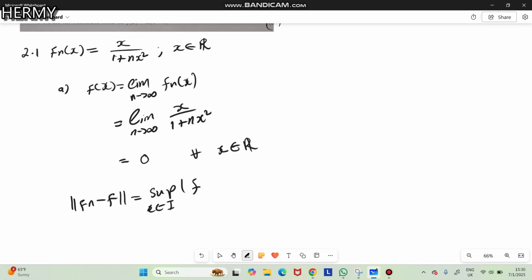You can just write it like this. It must be positive, whatever is in here. Remember the supremum is the highest number of that interval that is in R, the real numbers. Then here it's just x over 1 plus nx squared minus 0.